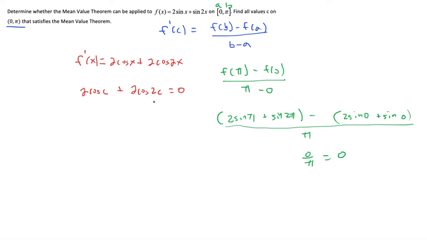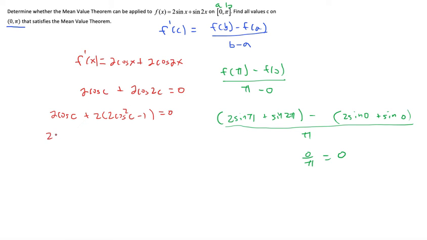So we're going to use a double angle formula to break this down. We know that there are 3 different versions of the double angle formula for cosine, but in this case, I'm going to use 2 cosine squared c minus 1, because of the other term here. I want them to match.